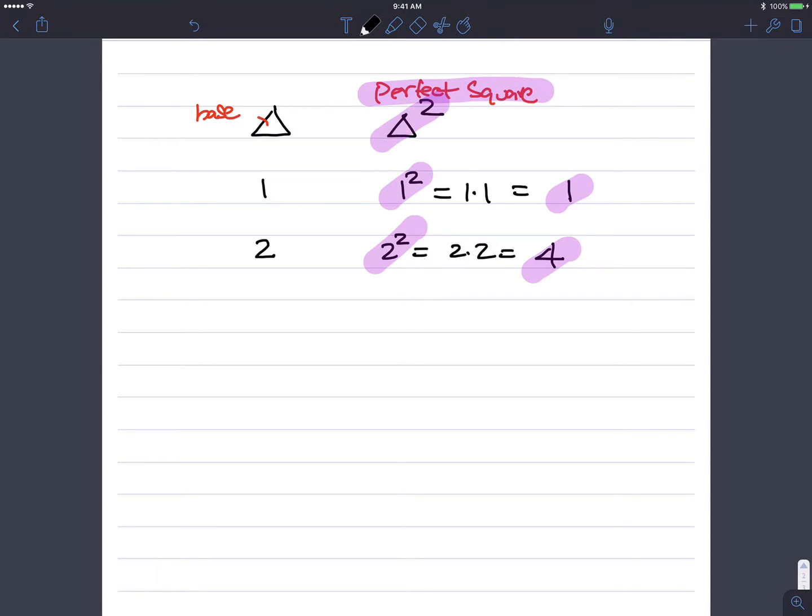Okay, now 3. Let's square 3. 3 squared is 3 times 3, which is 9. Which number is the perfect square? Is it 3 or is it 9? 3 squared is a perfect square. 3 squared is the value 9.